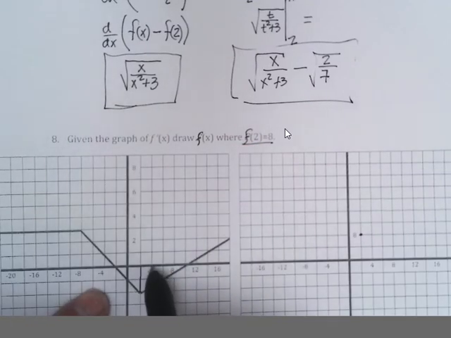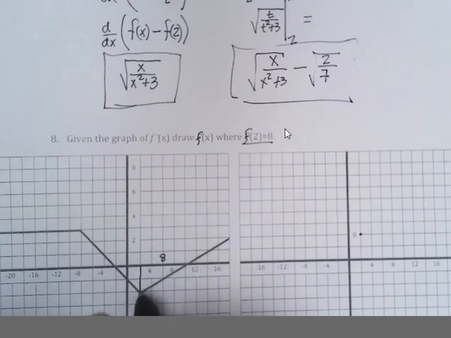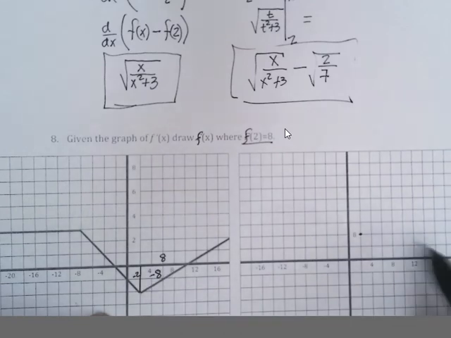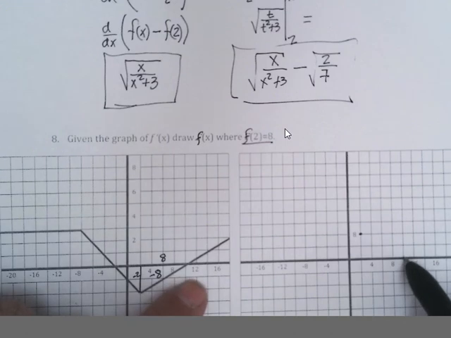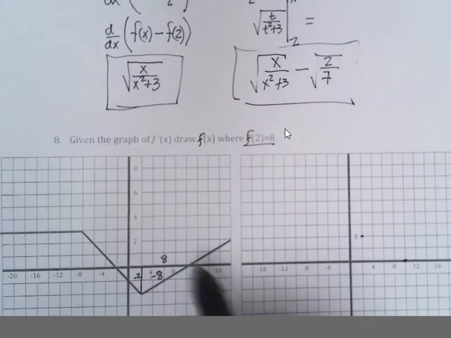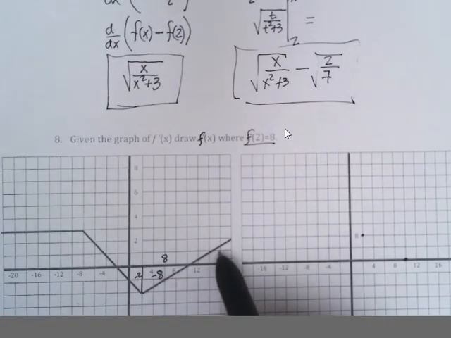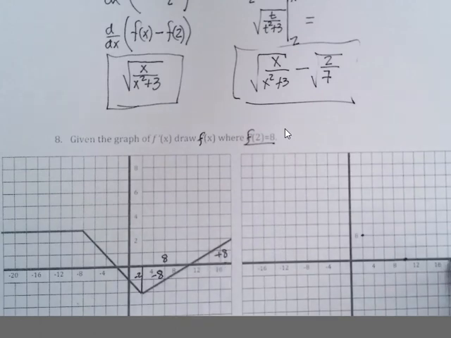So this is 2, 4, 6, 8 wide, down 1, 2. So the area is negative 16 and a half, negative 8. So this has to go down 8, which makes it 0 at 10. Then if I do it from here to here, I get plus 8, so it's got to go back up 8.